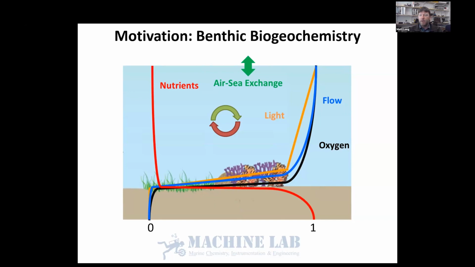On the other side of that, you have nutrients, which are generally higher in the sediments and much more static and lower in the water column itself. And then, of course, you have other processes like microbial and phytoplankton respiration and photosynthesis in the water column, as well as air-sea exchange. So we can use all these exchanges, all of these gradients to actually calculate fluxes and measure those interactions between the benthos and the water column above it.